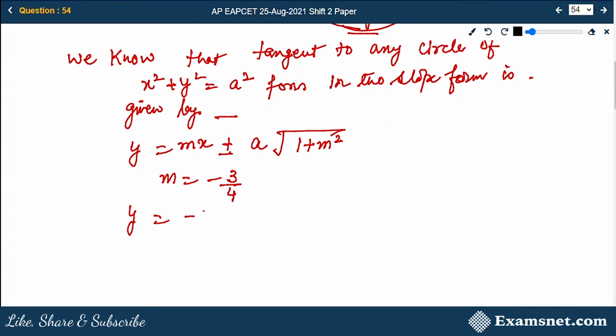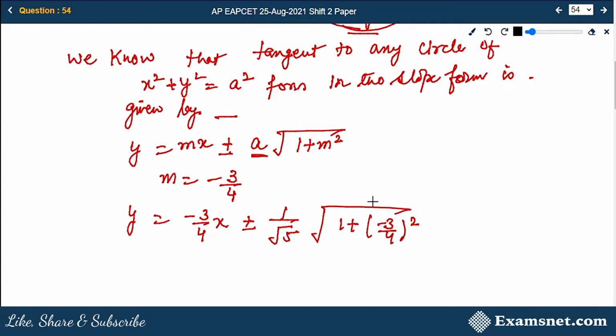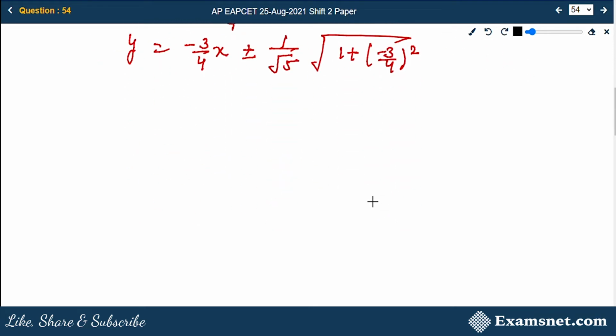So I will fill in. Y is equal to minus 3 by 4 x plus minus, what is A? A is the radius, 1 by under root 5 under root of 1 plus (minus 3 by 4) square, which will make it y is equal to minus 3 by 4 x plus minus 1 by root 5 under root of, you will solve this, will be 9 by 16 plus 1, this will give you 25 by 16, correct?